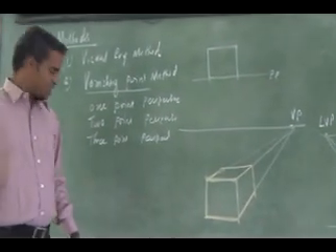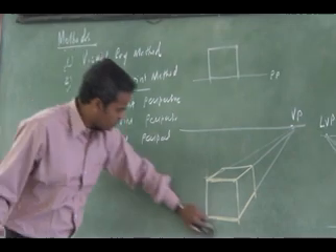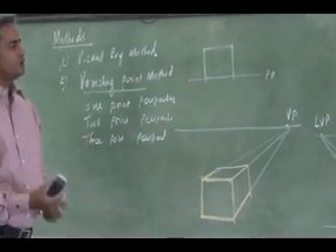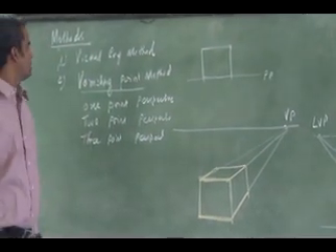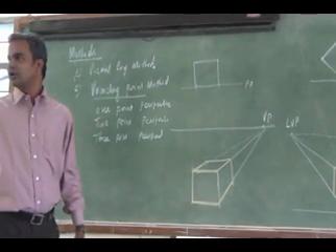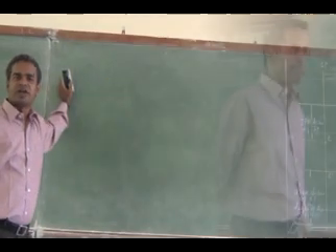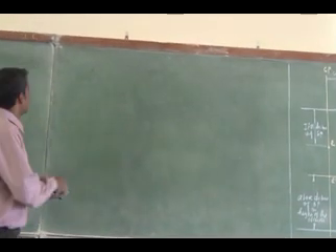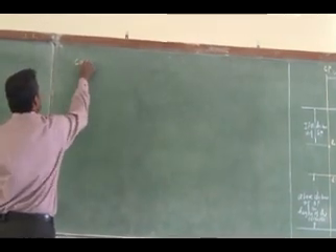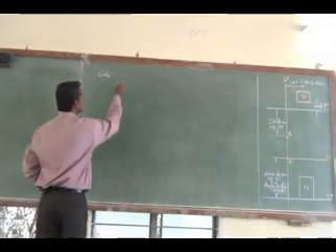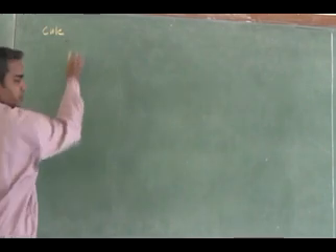So what is a vanishing point? Try to remember. Now it is a small problem using the visual ray method. Take the problem straight away. A cube, you will have only one specification.